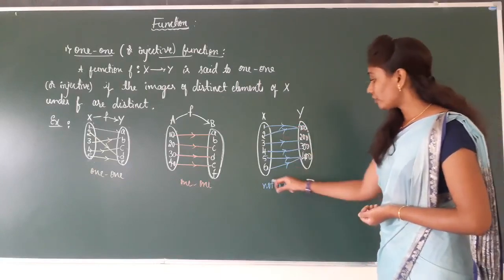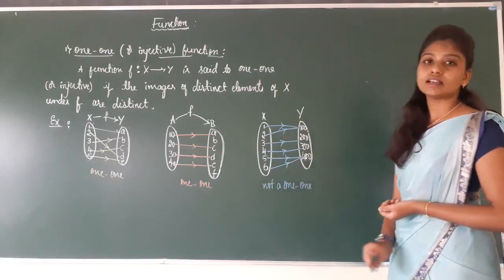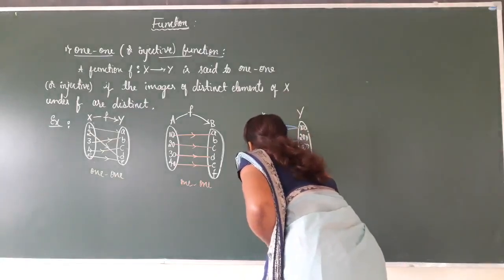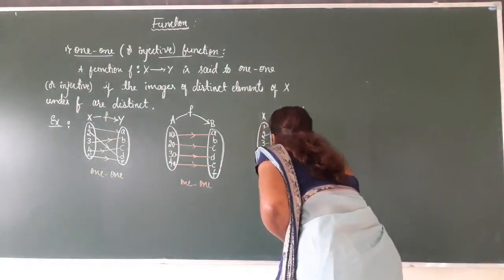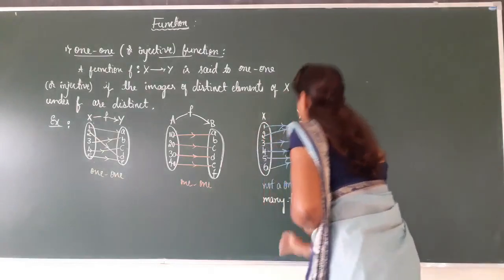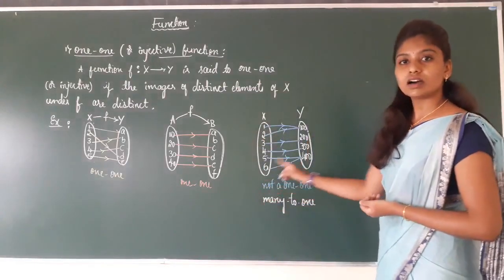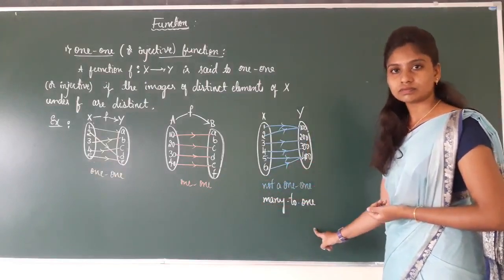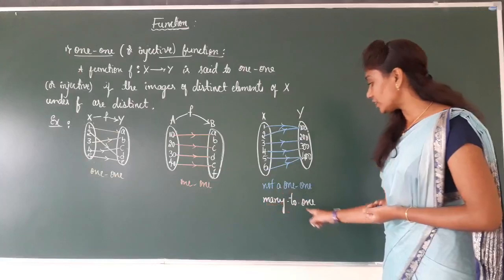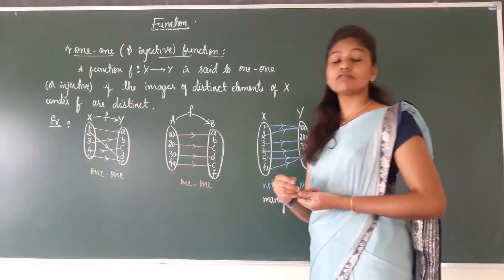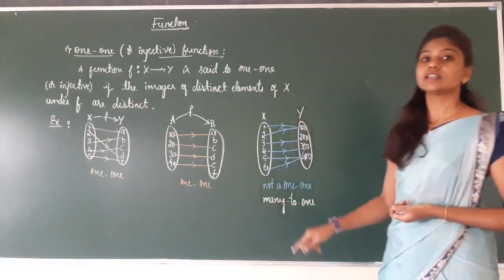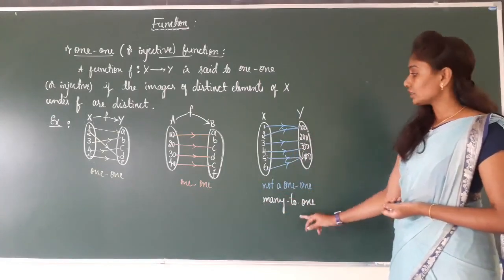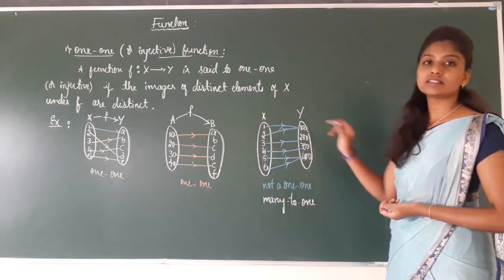Okay. If a function is not one-one, then it is called many to one function. Definition of many to one: if a function is not one-one, it is known as many to one. Clear? This is a many to one example.